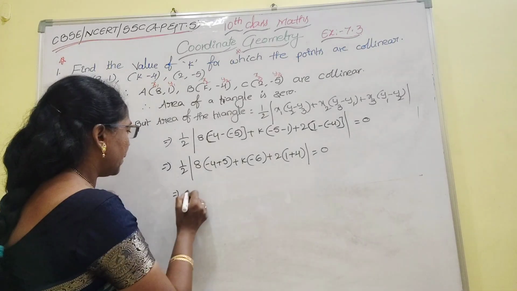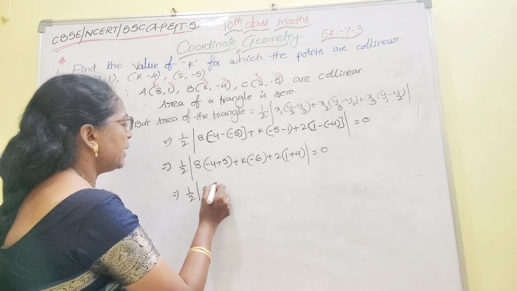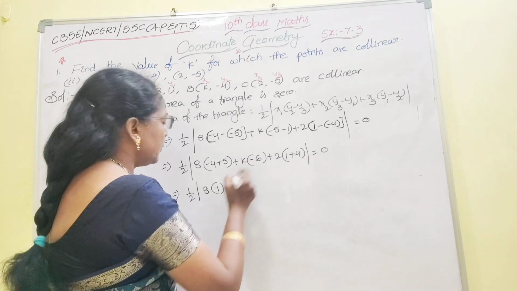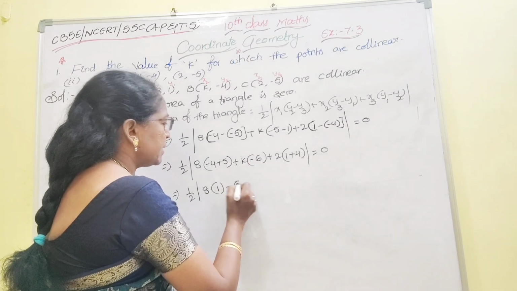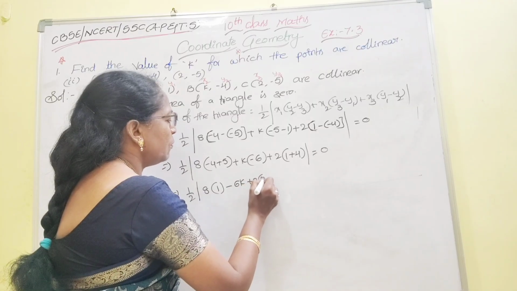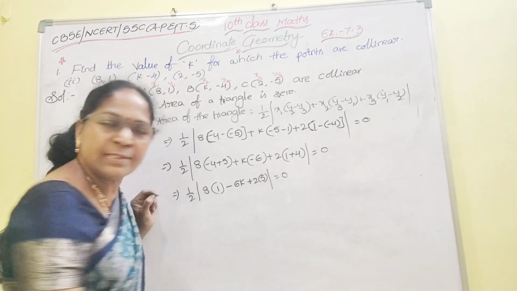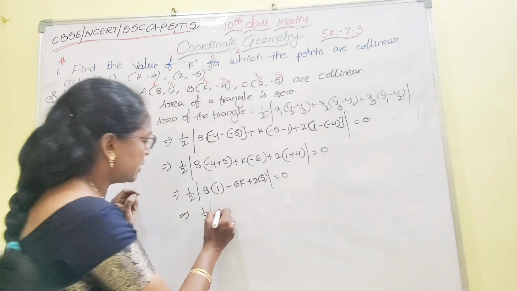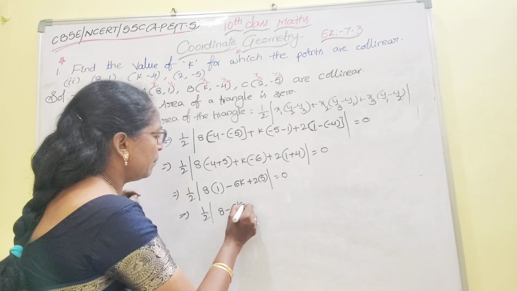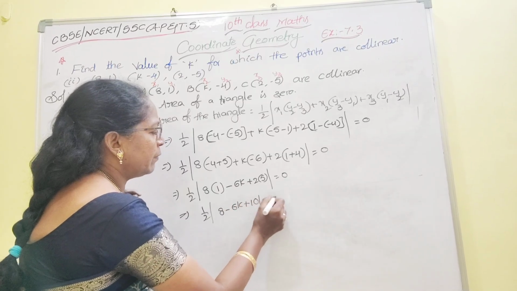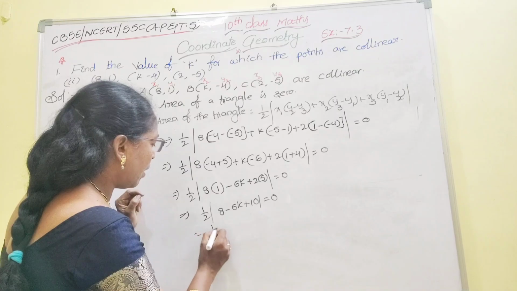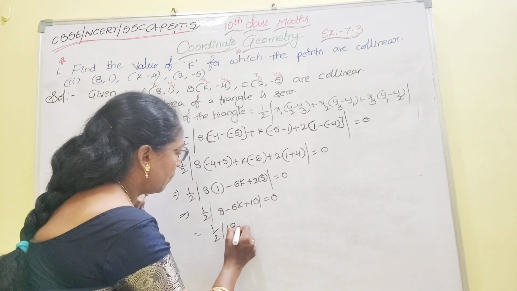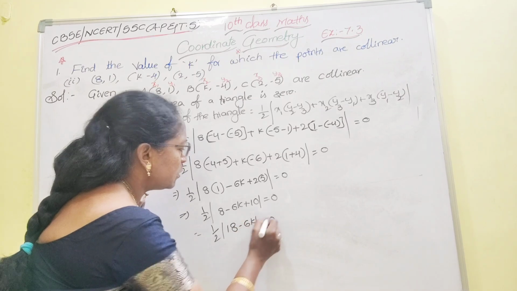Now half modulus 8 into 1 is 8, minus 6k, plus 2 into 5 is 10, equals 0. Now half into 8 plus 10 equals 18 minus 6k equals 0.